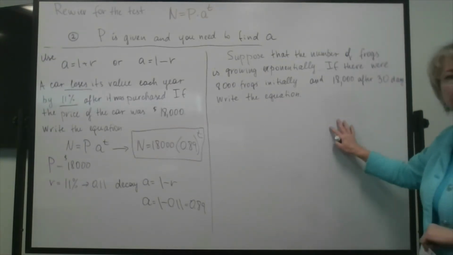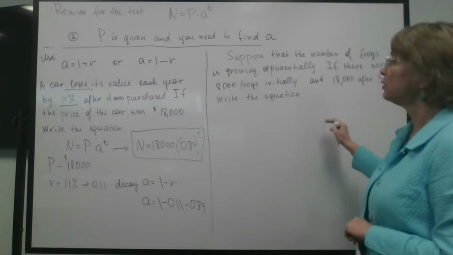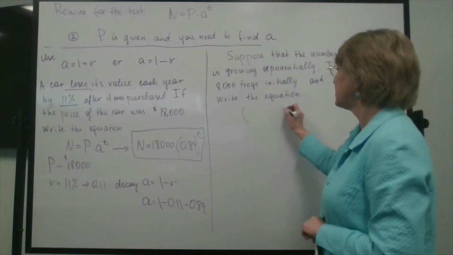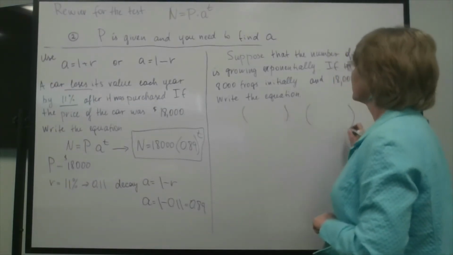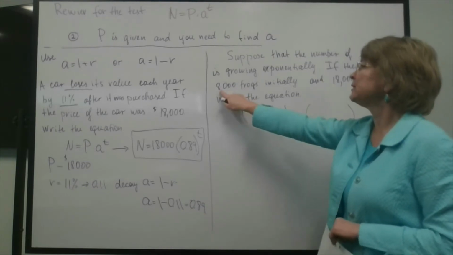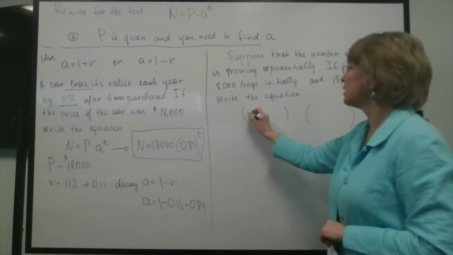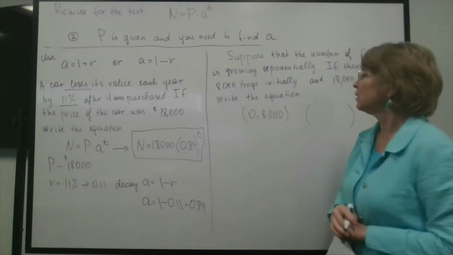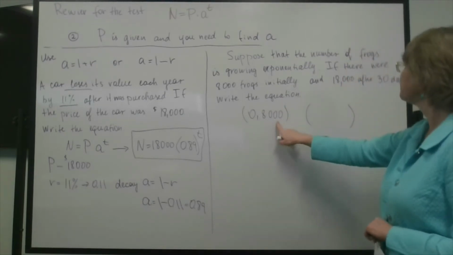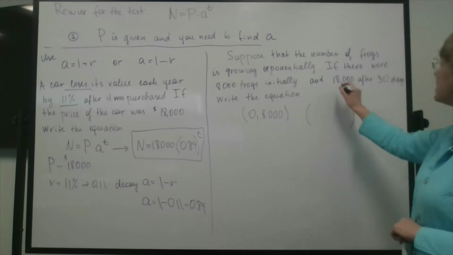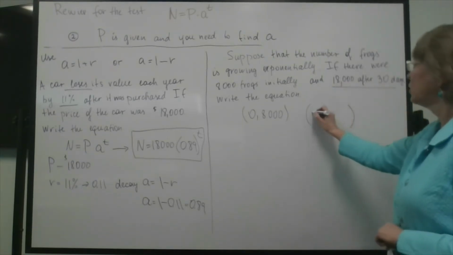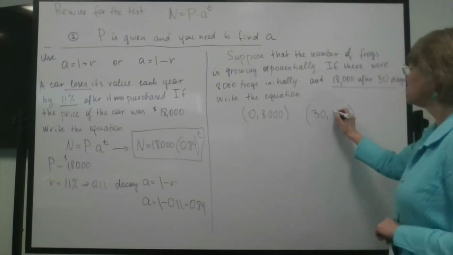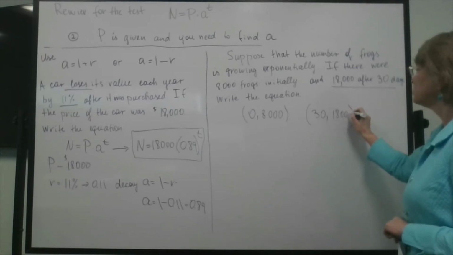This kind of problems, it's a good idea to write the points down. So 8,000 frogs, it was our initial value, that is, looks like this. The second point will be time goes first, the amount goes next.